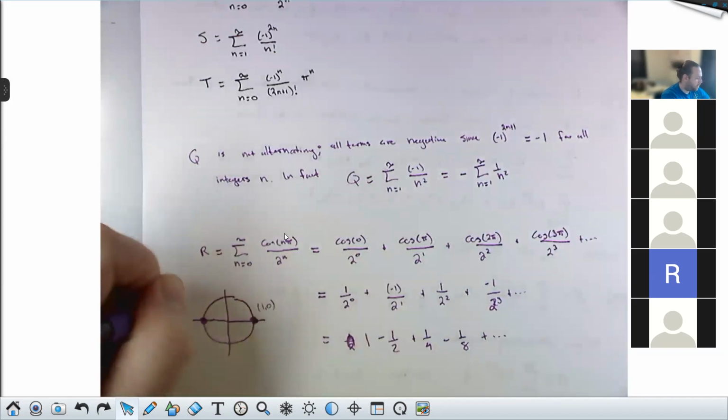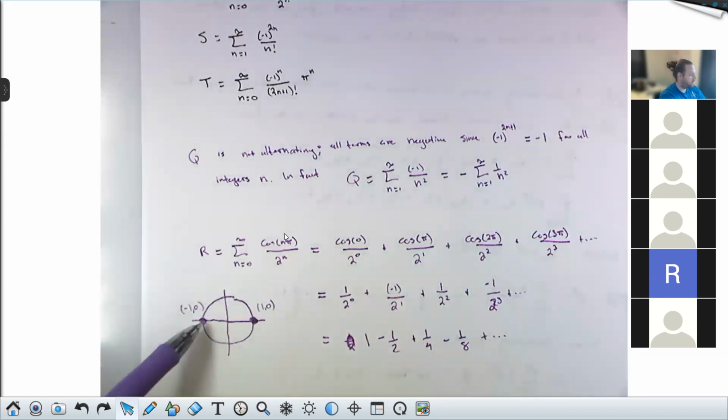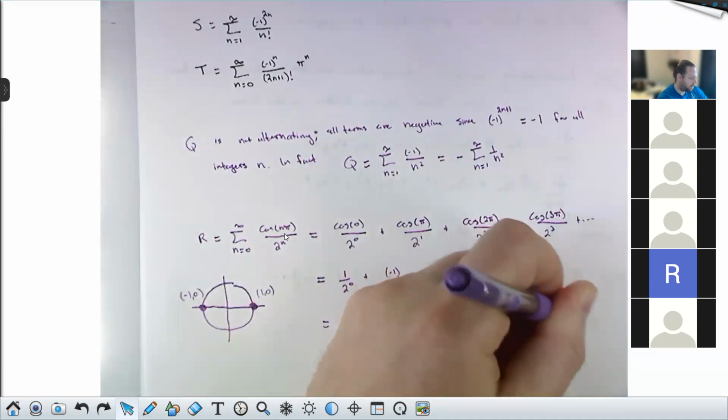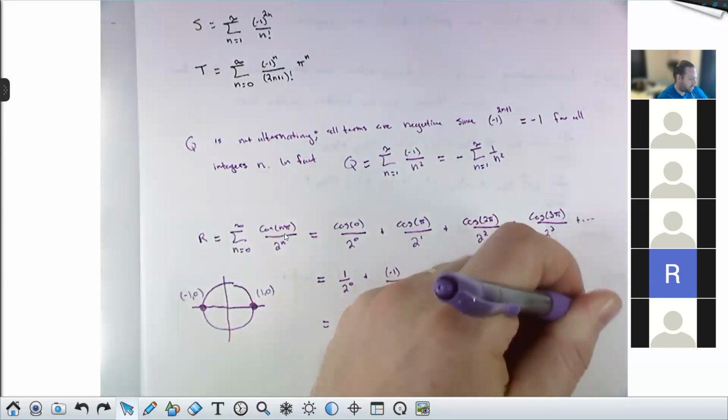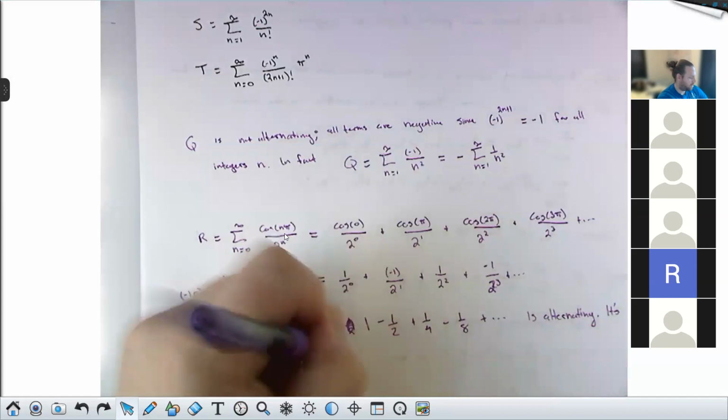Those 2 points on the unit circle are 1, 0, and -1, 0. So cos 0, cos pi, cos 2 pi, cos 3 pi, cos 4 pi, cos 5 pi, just goes 1, -1, 1, -1, 1, -1, the same as -1 to the n. So this is alternating. It's also geometric.